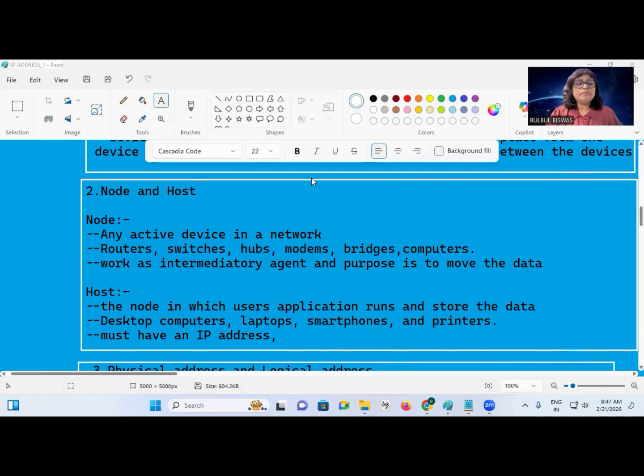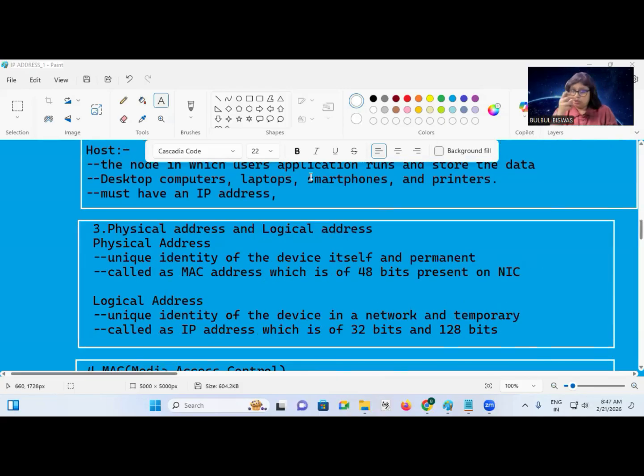The host, the device in the network playing the vital role, has two addresses. One is the physical address and the other is the logical address. So what is the physical address? That is the physical identity. The moment we are born, our parents give us a name, and we are called by this name, we are recognized by this name, and wherever we go, we carry this name.